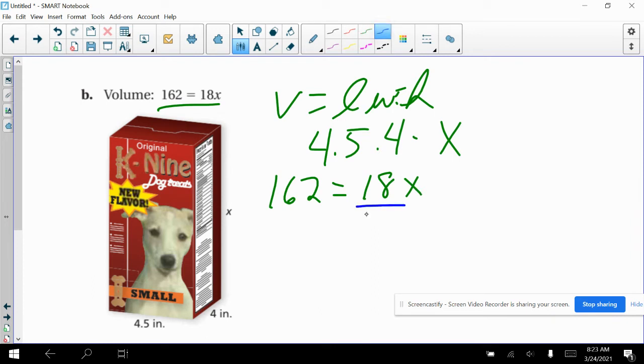Again, we have another multiplication equation. We divide, and again, we're finding the length, or the height technically, of our dog treat box, which when you divide that out, comes out to be 9 inches. That is a linear measurement, meaning it's a line.